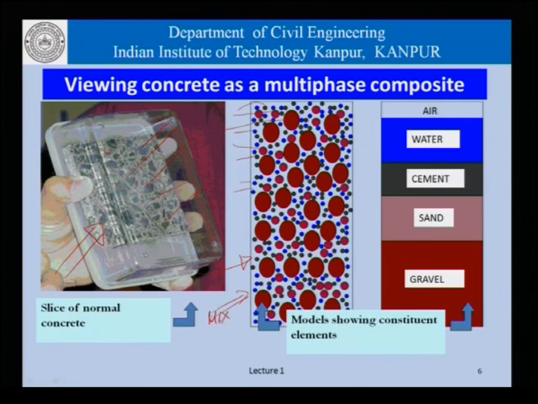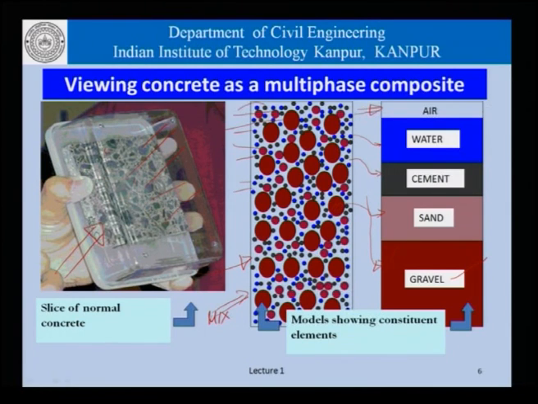And if we model this mix in a volumetric manner, that all these coarse aggregate particles are lumped into one place here, and that is what I have called gravel or coarse aggregate. Then all these smaller particles come in here as sand, cement particles find their place here, water finds its place here. We will find that some amount of air or void space is always an integral part of concrete.